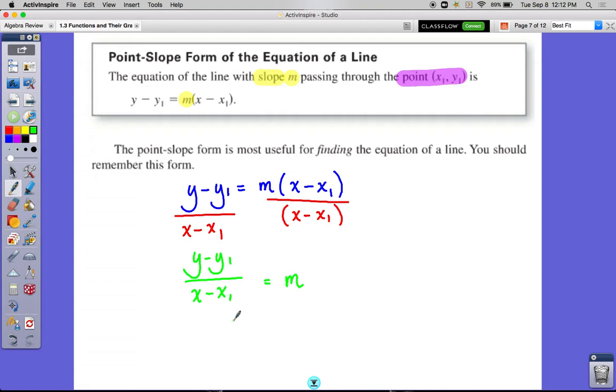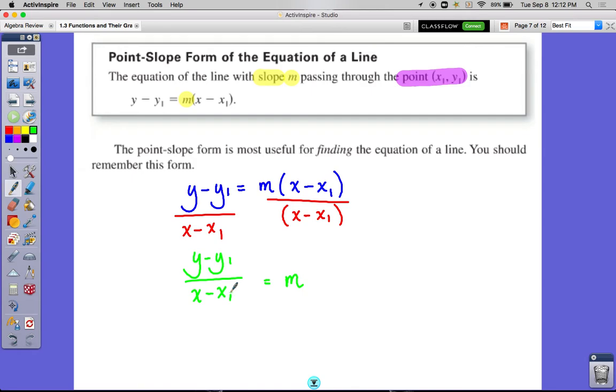Does that look familiar to you? Because I sure hope it does. That is, in fact, the same exact thing we were just talking about when we were talking about slope. All right? So, slope is the change in y over the change in x.